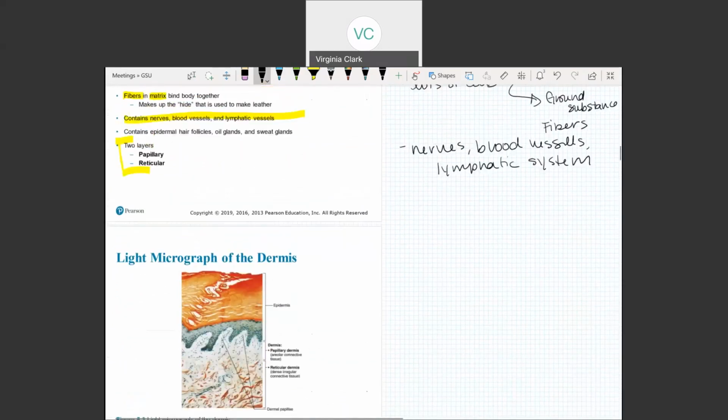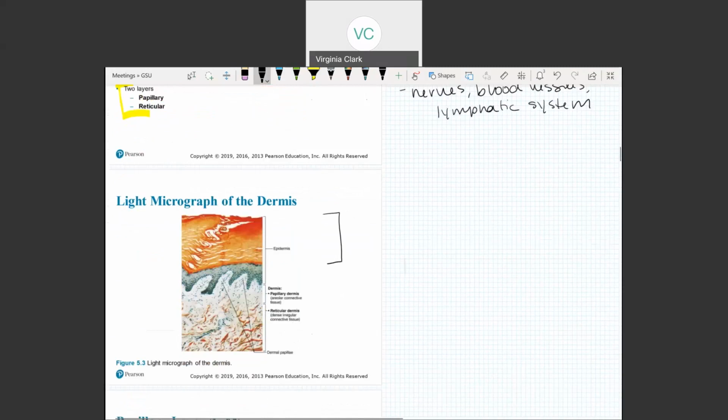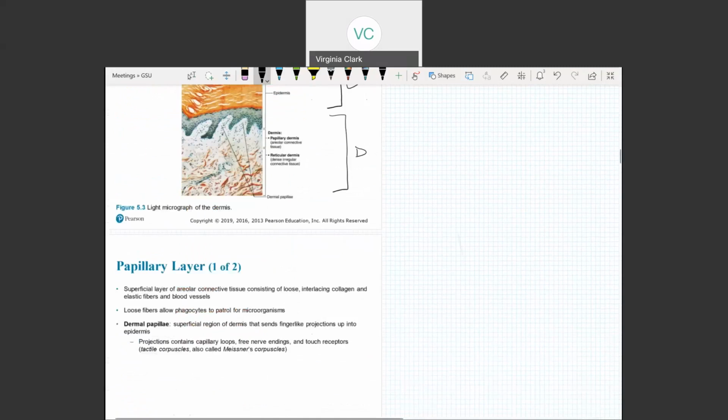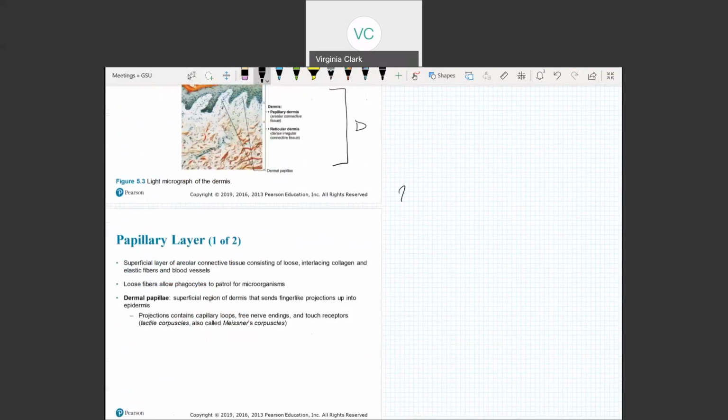This is our epidermis, and this is our dermis. The 2 layers of your dermis, starting from the most superficial, are going to be our papillary layer.